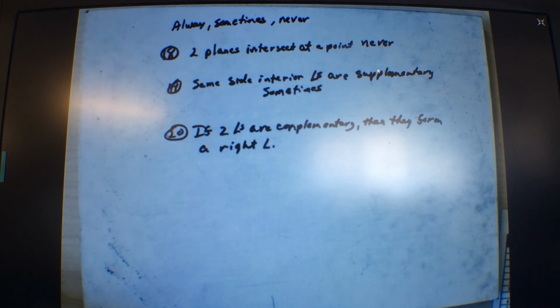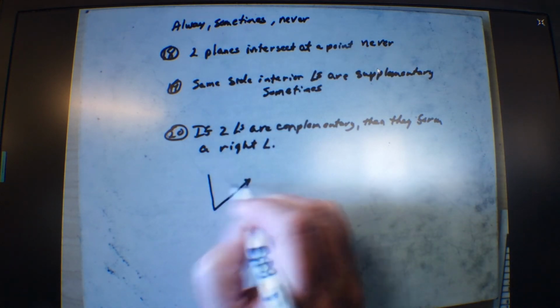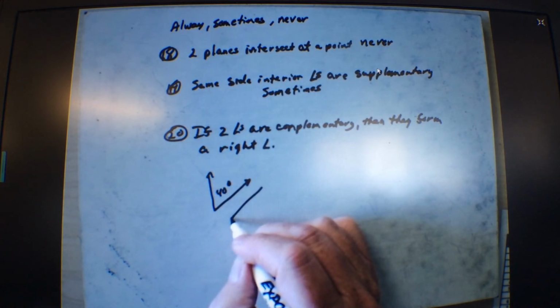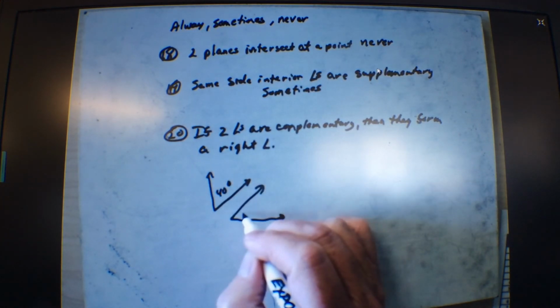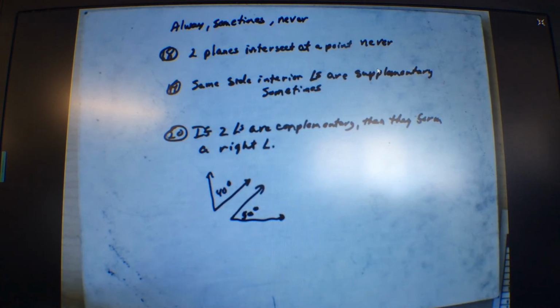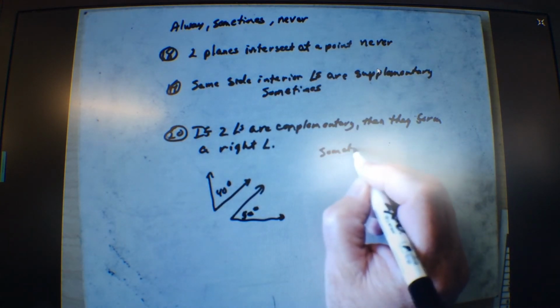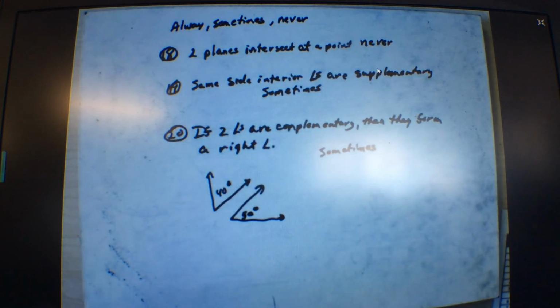You agree? Say this is 40 degrees and this is 50 degrees. Do they form a right angle? No. Why not? They're not adjacent. So sometimes, they have to be adjacent. That's a tricky one, isn't it? That'll make your blood curdle, won't it?